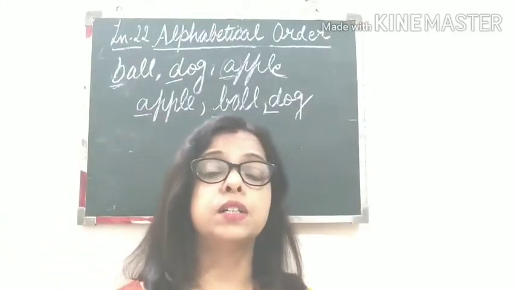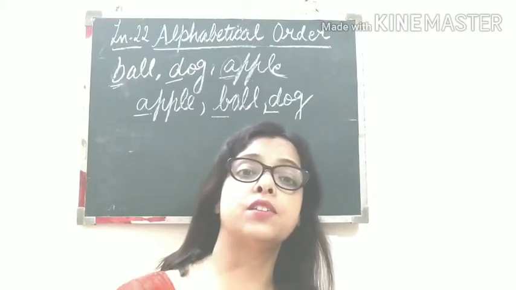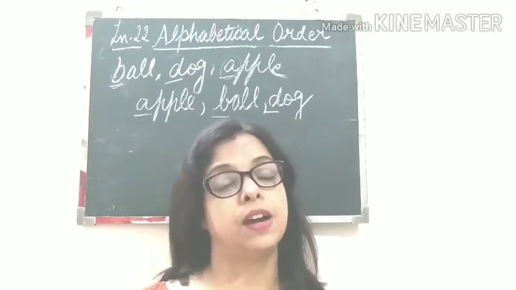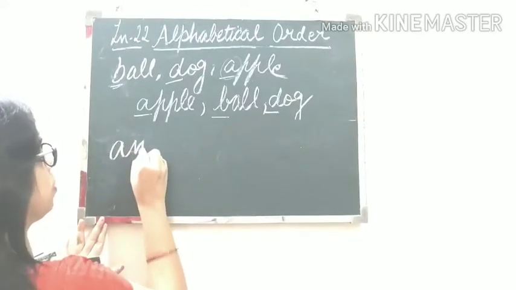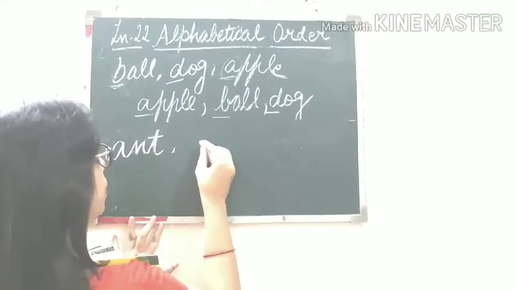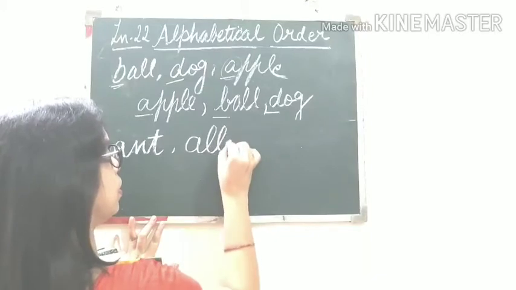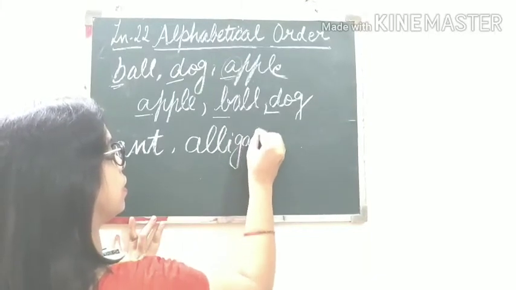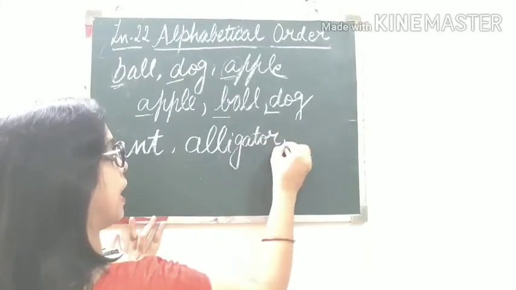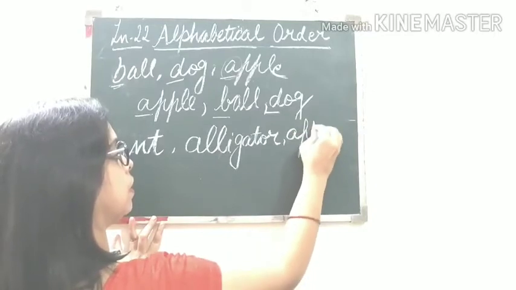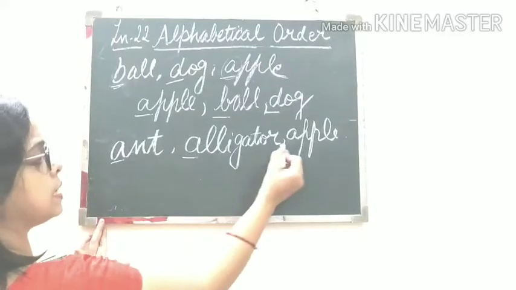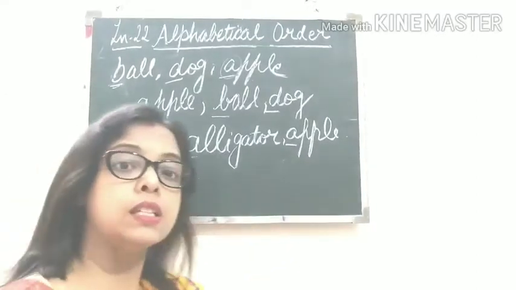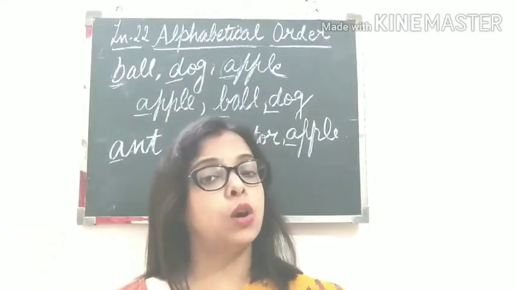So likewise we will write the words according to the alphabetical order. Now we will see the words if the first letter of all the words is the same. Suppose I take the example ant, alligator, apple. So children, you see all the words are starting with A. So how will we arrange them in alphabetical order?